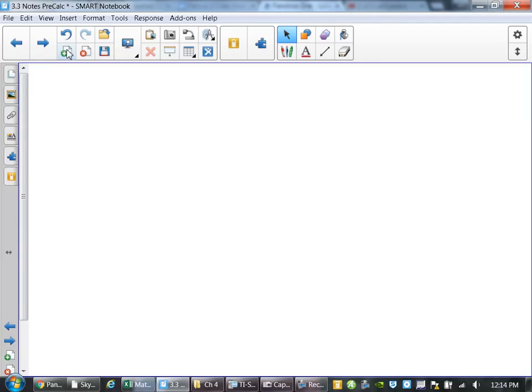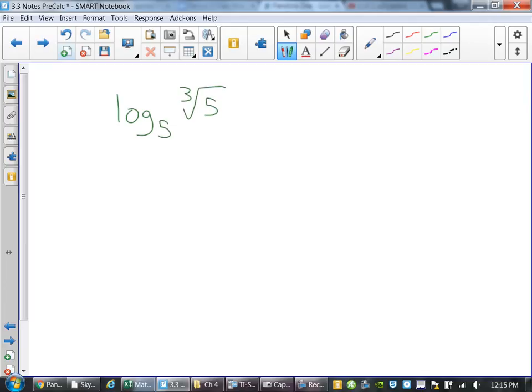Let me show you an example. So if you want to rewrite a logarithm, what I want to do here is rewrite the logarithm so that I can simplify it. Which means I have to remember a couple of things about exponents, a couple of things about radicals, and how to rewrite some stuff. Wouldn't it be the same as 5 to the 1/3?